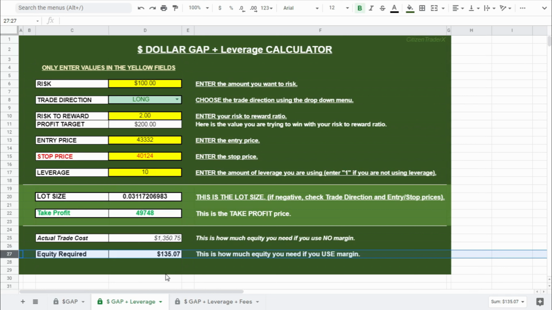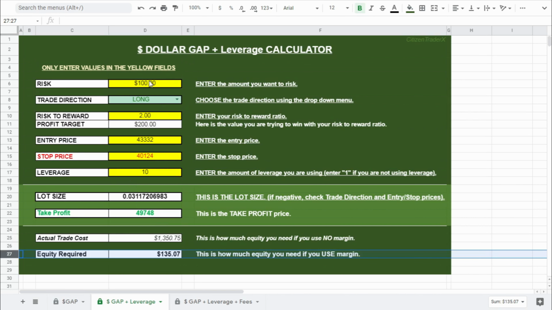It's not going to be able to stop a trade exactly when the price reaches a point such that you are losing $135.07 exactly. So the liquidation price will be higher, and you won't be able to risk this whole $100.